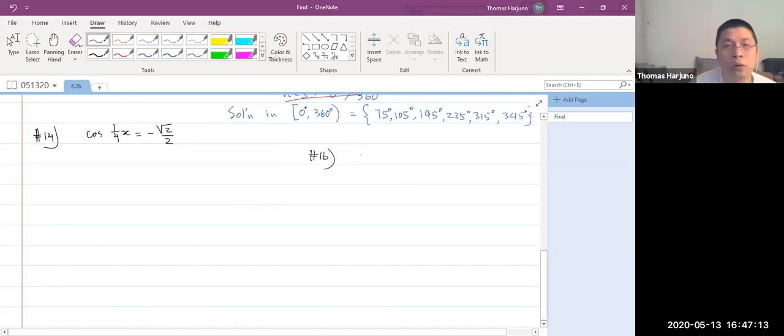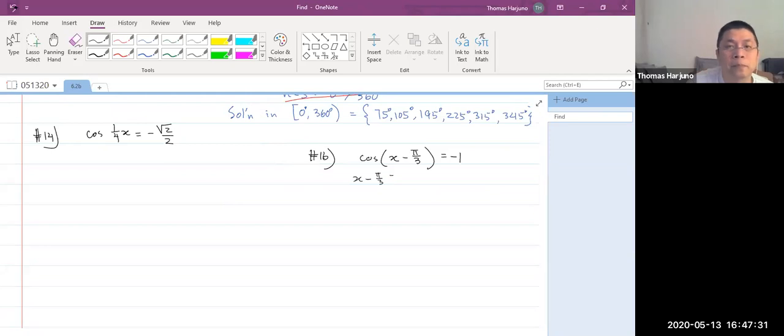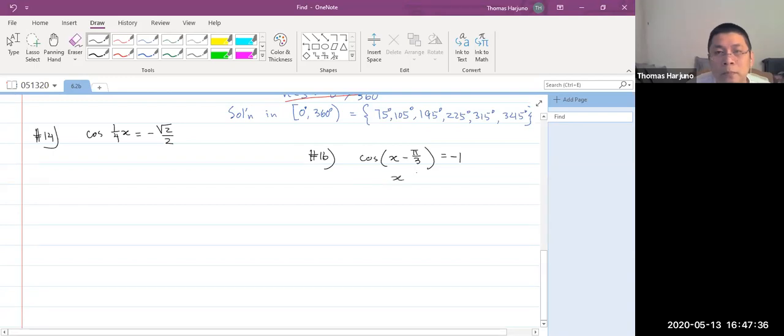Cosine again: cosine of x minus pi over 3 is negative 1. So what you will do is solve for x minus pi over 3 as an angle first. Let me give you maybe 3 minutes for this. Just get the general solution.